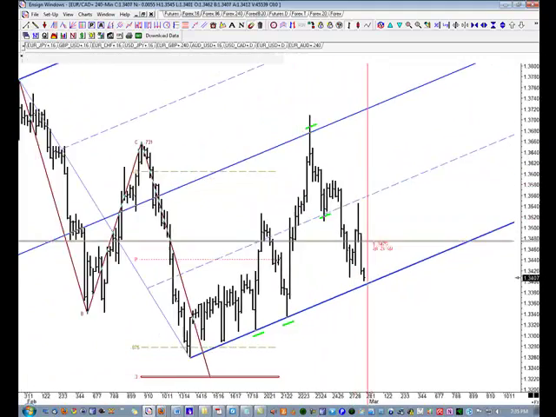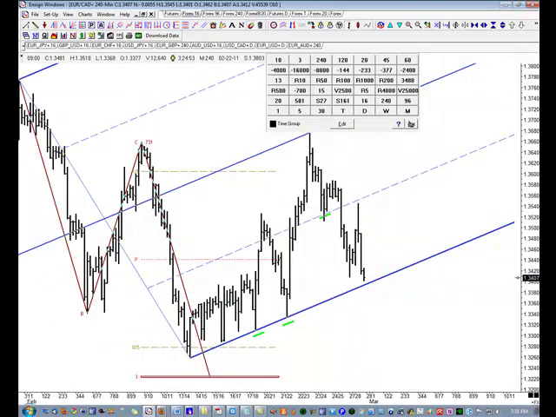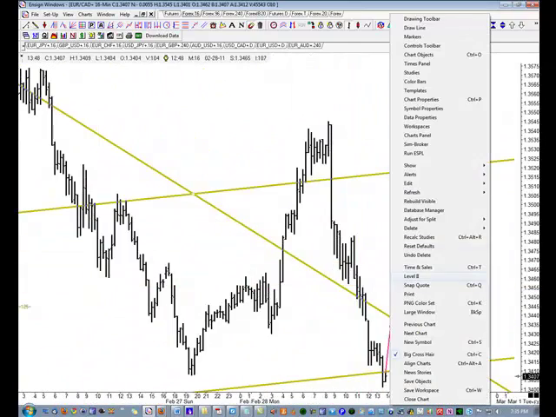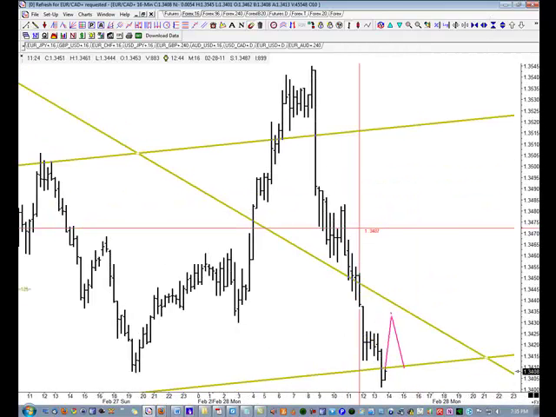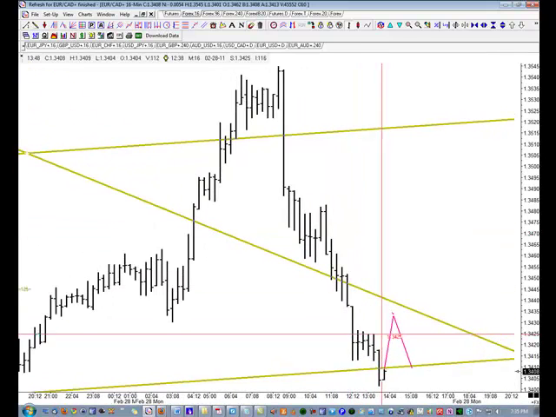So the problem with this trade is price is in a downtrend, but if we look at the 16 minutes, if we get these double tops broken, and by the way, let's refresh. It's always nice to refresh. Okay, they are double tops for real. Yeah, we have a double top for real.